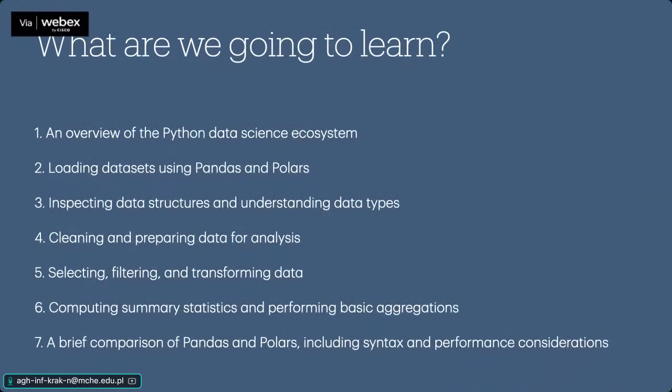First, I will do a very short overview of the Python data science ecosystem. I suppose most of you already know most of these things. Then when it comes to code, we'll do basic stuff: loading data sets, inspecting data structures, cleaning data, selecting, filtering, transforming.